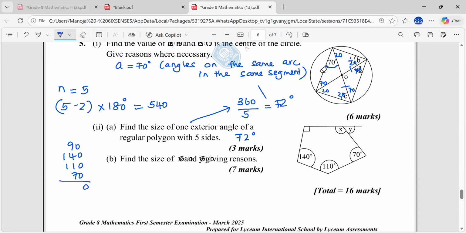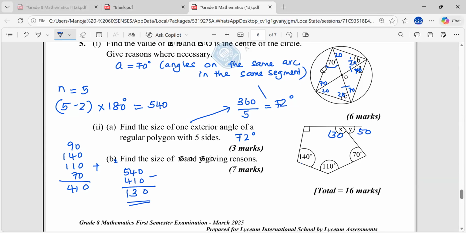When you add them together, 410, and 540 minus 410 gives you 130. So then this is 130 and this should be 50 because angles on the straight line add up to 180.